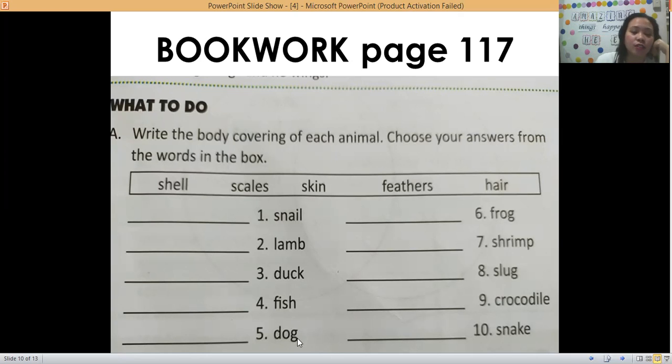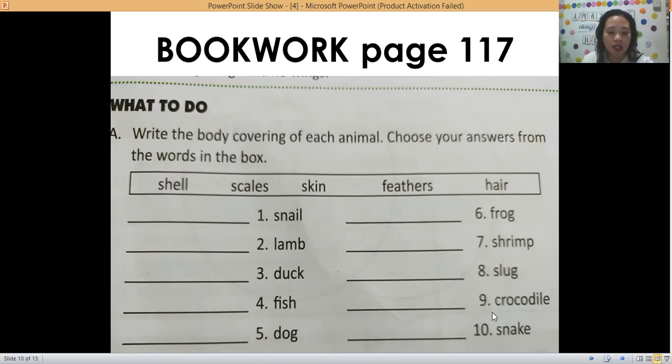Number 6, frog. 7, shrimp. 8, slug. 9, crocodile.